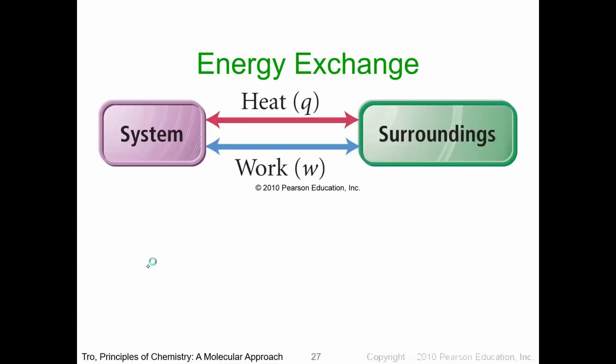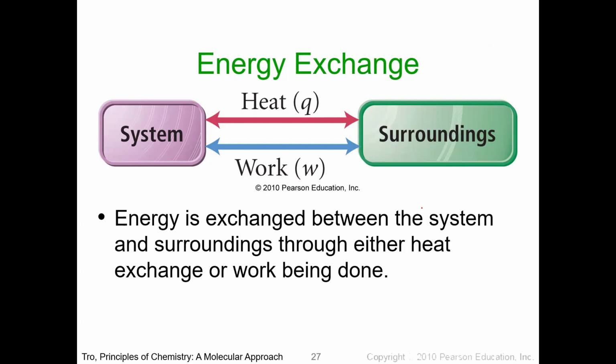So now, the energy exchange. If there is an energy exchange, of course, it may be between the system and the surroundings. It can be work done or heat. Energy is exchanged between the system and the surroundings through either heat exchange or work being done.